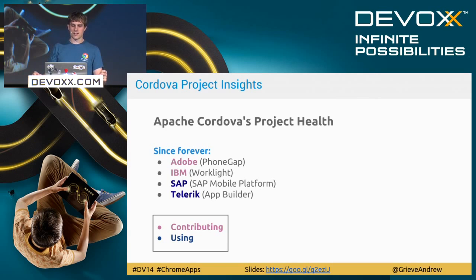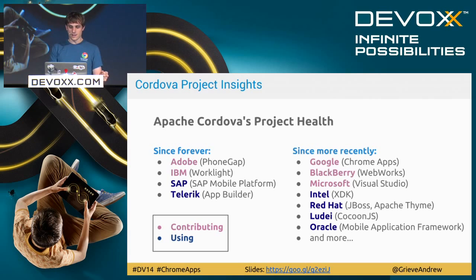And I know SAP and Telerik have downstream distributions of it and have been using it in their applications. And then, more recently, Google, BlackBerry, Microsoft have all joined on the Cordova mailing list and been making changes and whatnot. But also Intel, Red Hat, Luday, Oracle. Oracle I just learned about yesterday at one of the talks here, the mobile application framework. So there's certainly a lot of interest in the project, especially as of late.